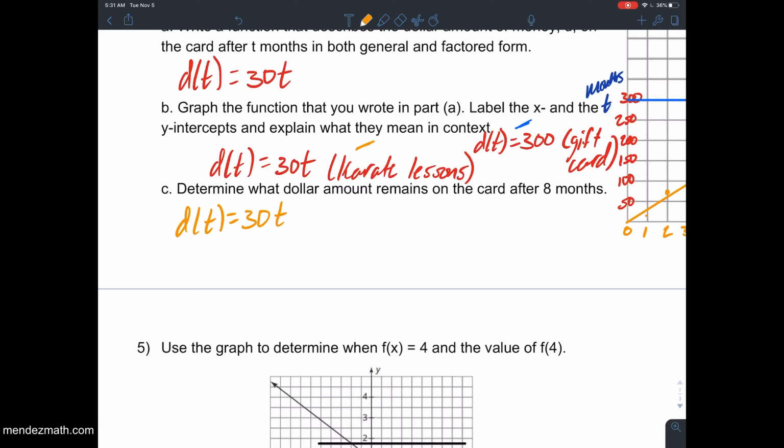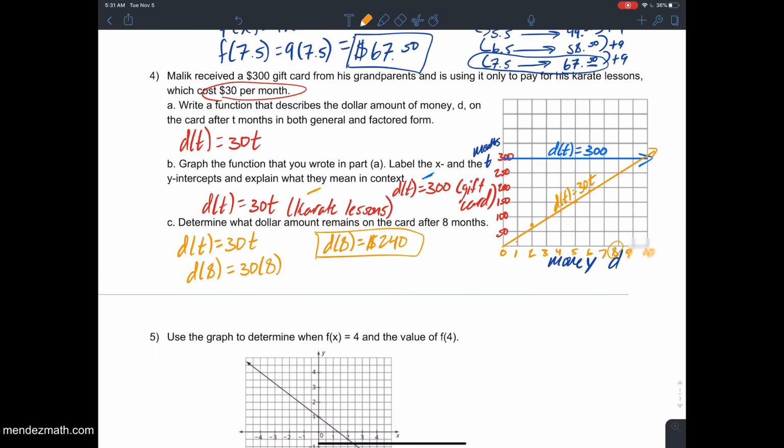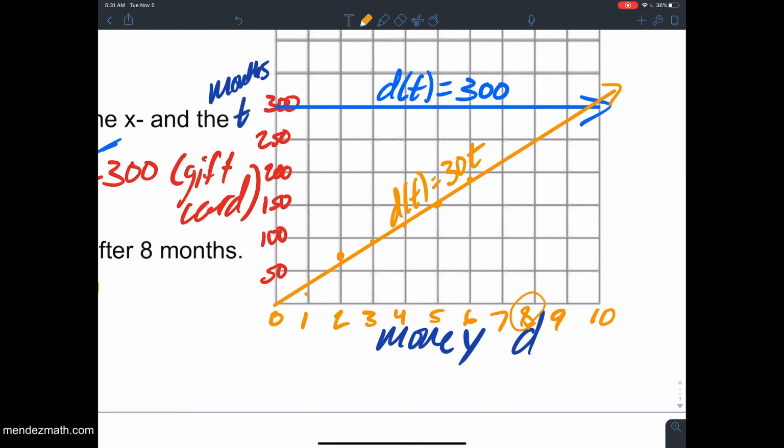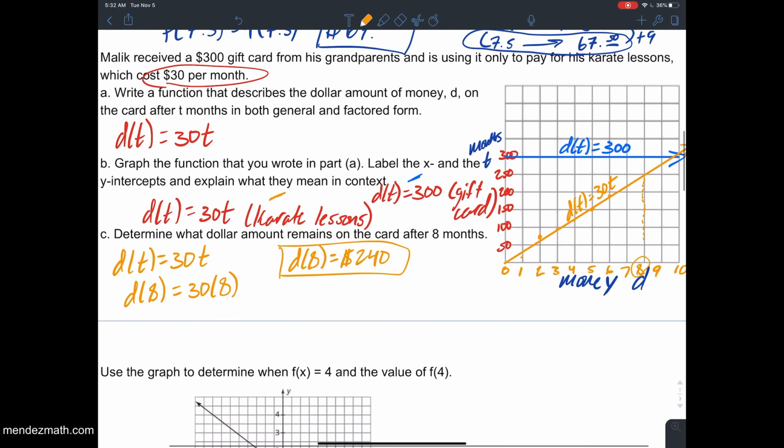They want to know after 8 months how much money is left. So D of 8 months is 30 times 8. D of 8 is 240. So after 8 months, 240 bucks is left. And again, our picture kind of shows it, but it's not drawn to scale. So it's kind of hard to tell what it would have been. Okay?